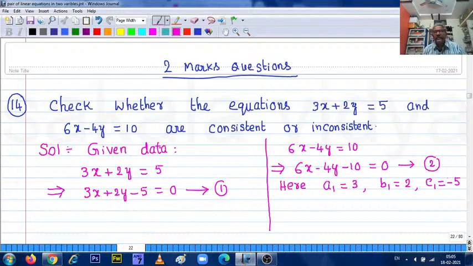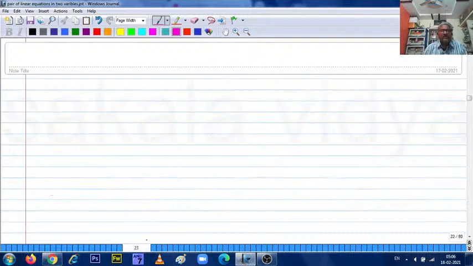From the second equation, a2 equals 6, b2 equals minus 4, and c2 equals minus 10. Now first we need to find a1 by a2, b1 by b2, c1 by c2. Let us find them.